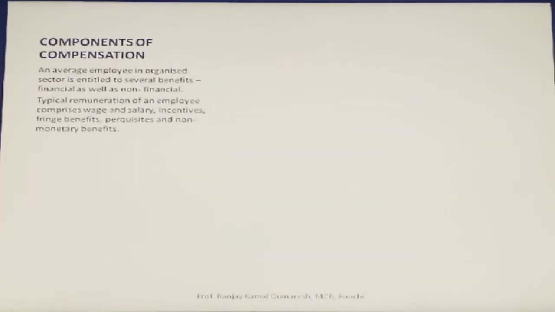Now we move to components of compensation. An average employee in the organized sector is entitled to several benefits, financial as well as non-financial. Typical remuneration of an employee comprises wage and salary, incentives, fringe benefits, perquisites, and non-monetary benefits.